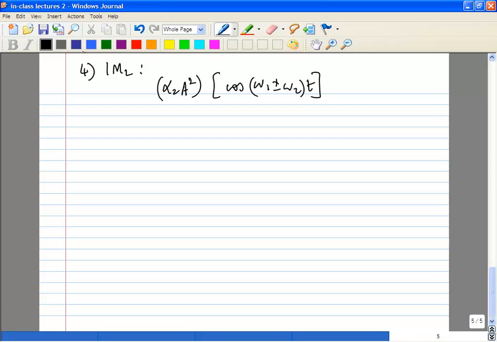One thing to see is it's proportional to A squared, the amplitude, and the other thing is the cos of omega 1 minus omega 2 term actually falls close to DC. If you take the system which we considered last time, where you have an IF frequency, it's not a problem. But we'll see later in the course, last week we called it a heterodyne receiver, a super heterodyne receiver.